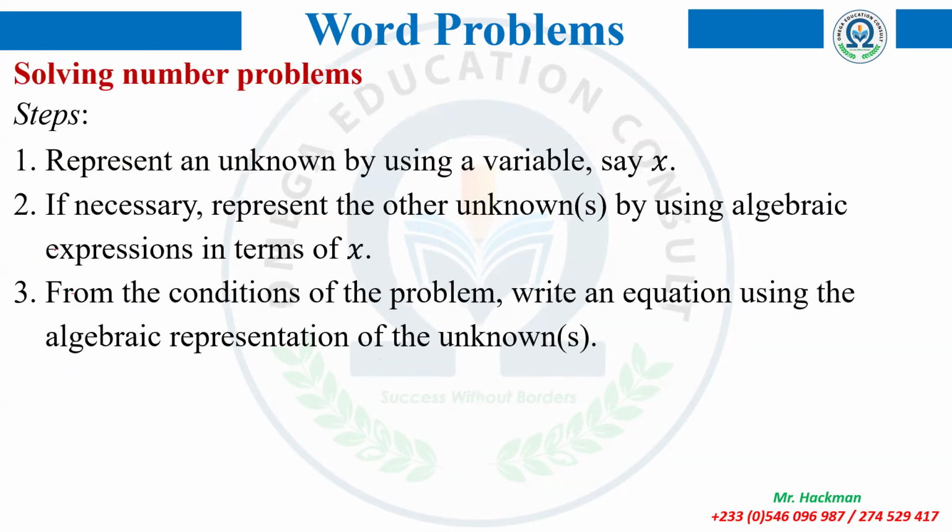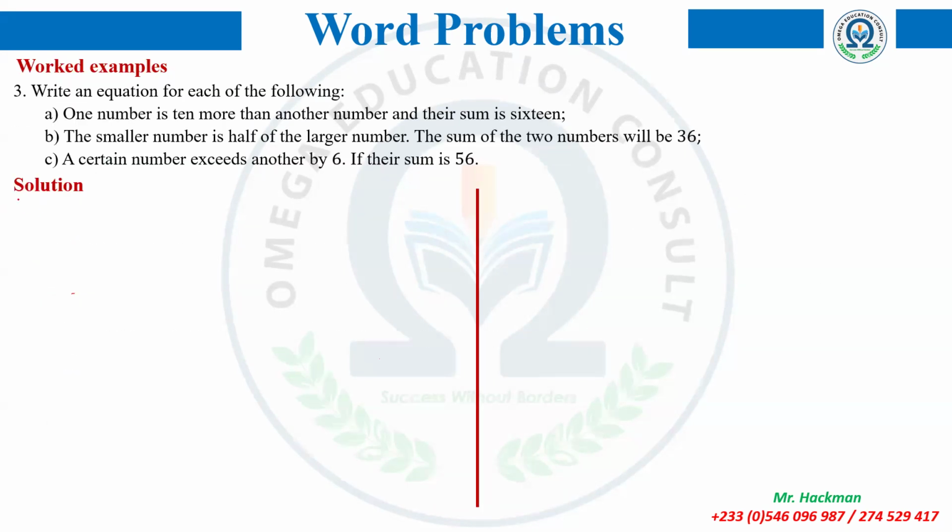Okay, question 3, A. Here, write an equation, so we are writing only the equation. Take note, underline that before you go back and do what you've not been asked to do. So let's read the statement: one number is 10 more than another number, and their sum is 16.